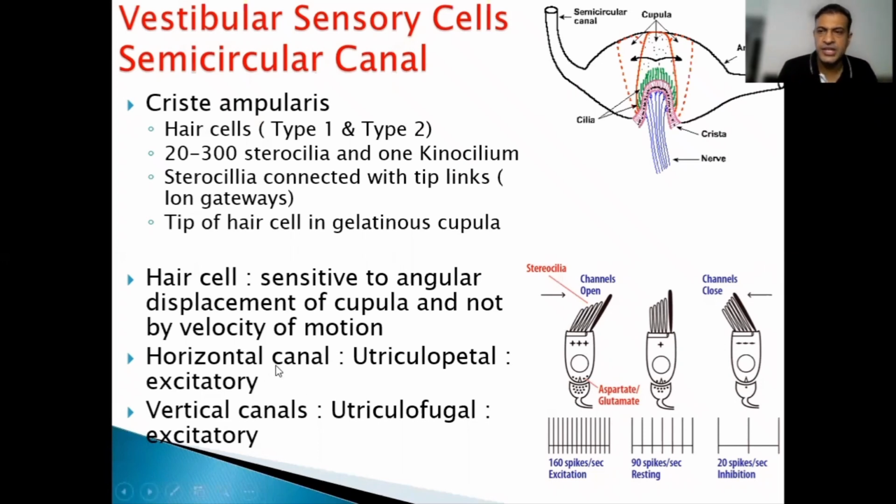In the horizontal canal, the utriculopetal movement, that is the movement towards the utricle, is excitatory, and in the vertical canal, the movement away from the utricle is excitatory. So horizontal canal, toward the utricle is excitatory. In vertical canal, away from the utricle is excitatory.